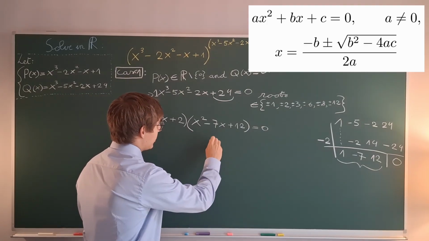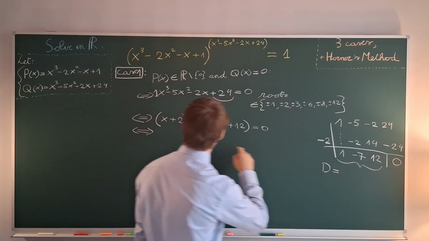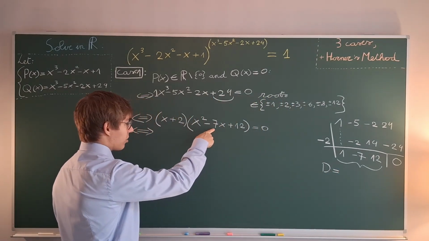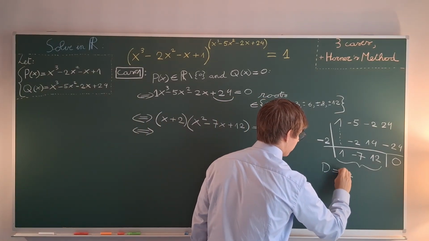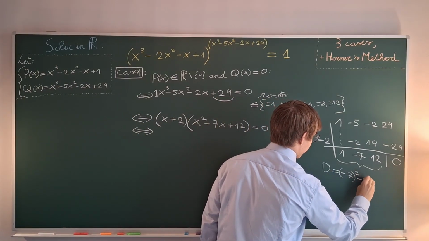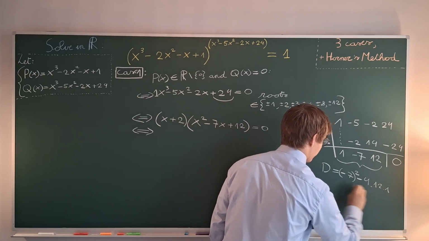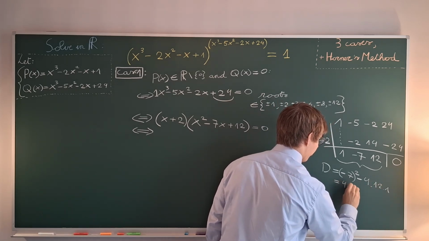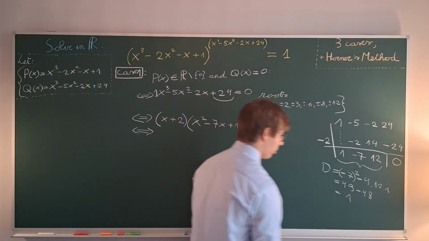So, of this thing, the discriminant is equal to b squared minus 4ac. So that gives us minus 7 squared minus 4 times 12 times 1, which is 49 minus 48, which is 1.